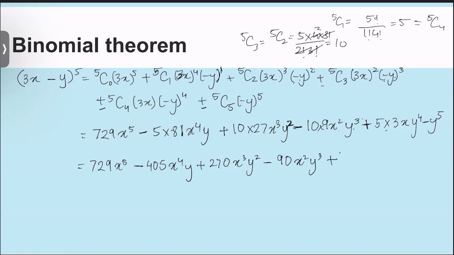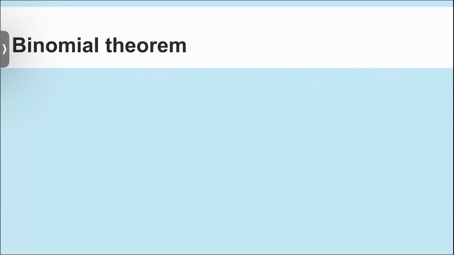Then you have 15 x y raised to 4 and minus y to the 5. Okay, so you can see that if your b is a negative number, the sign will depend on the power of the b, the index of the b when we are doing the expansion.